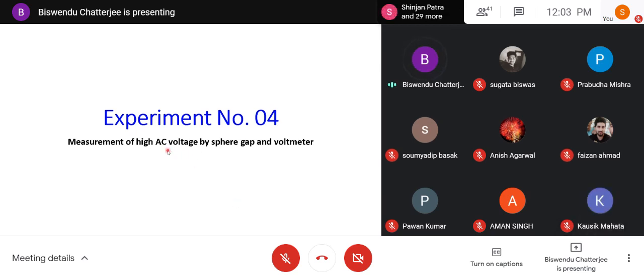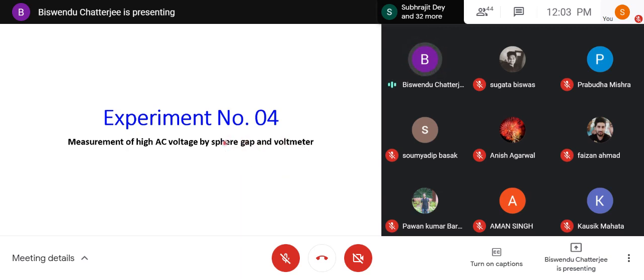Now here, see, two methods are used. One is sphere gap and one is voltmeter, ordinary voltmeter. So there will be two systems, and we will calibrate this standard sphere gap system and the voltmeter, whether these readings tally or not.